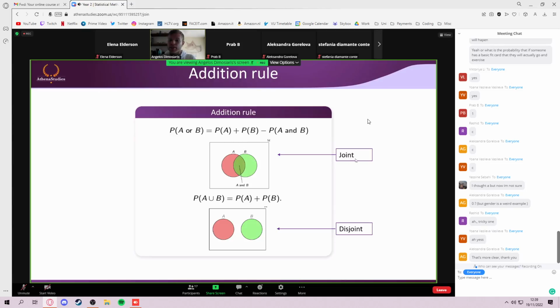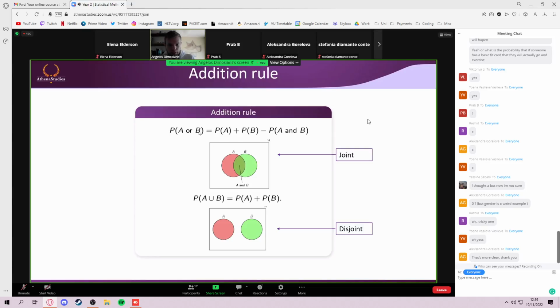The addition rule changes depending on whether the events are joint or disjoint. Again, disjoint events don't have any intersection. So A and B don't collide with each other. If the events are joint, then we use this beautiful formula here.